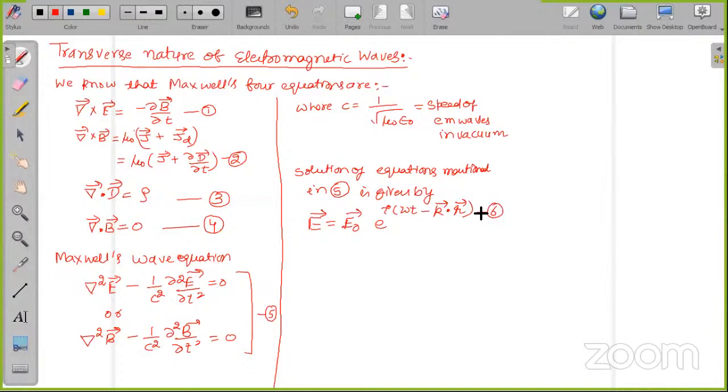This is equation 6. And B vector is equal to B0 vector e raised to power iota (omega t minus k dot r).